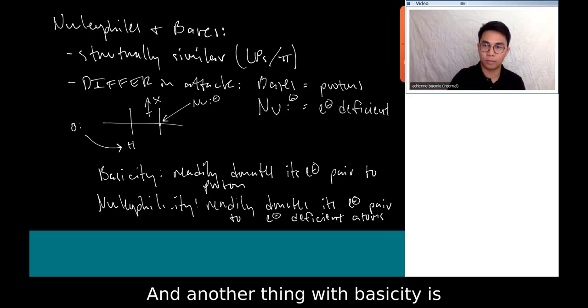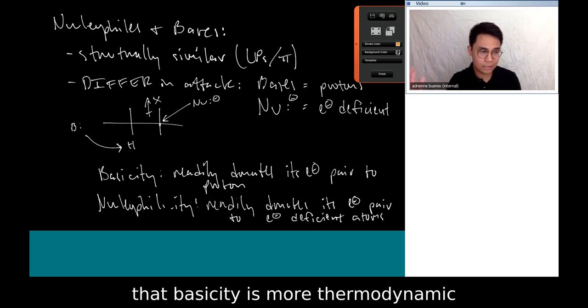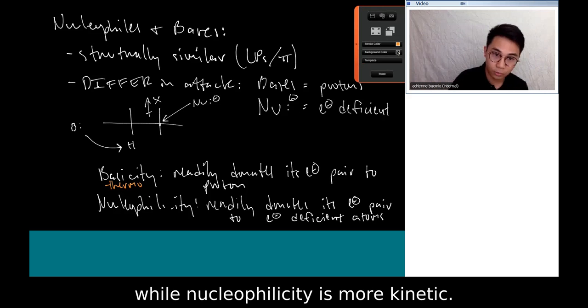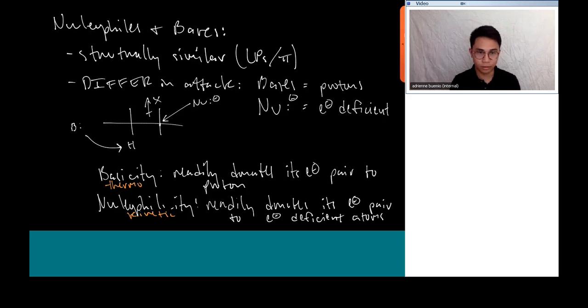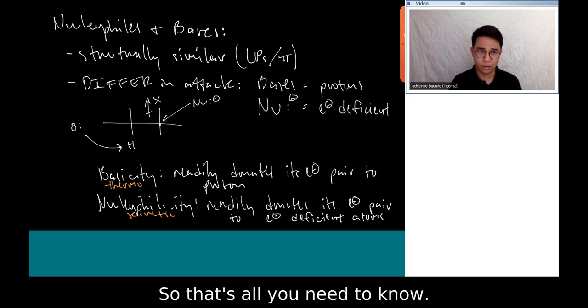And another thing with basicity is that basicity is more thermodynamic, while nucleophilicity is more kinetic. So just a little concept there for you. Nothing too crazy. So that's all you need to know.